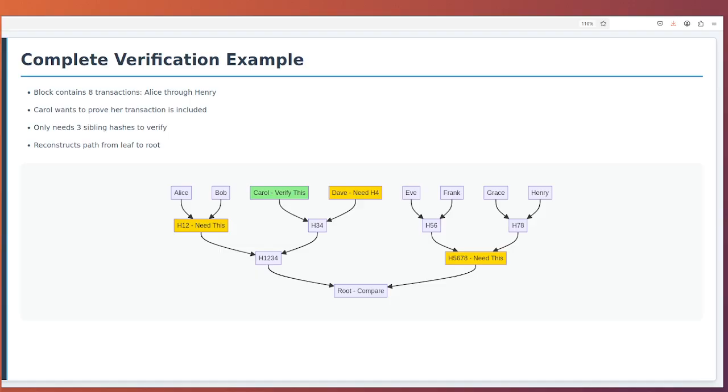She compares this root to the official Merkle root stored in the block header. They match perfectly, proving Carol's transaction is legitimately included in this block. The entire proof only required 3 sibling hashes, H4, H12, and H5678. She didn't need to download or process any other transactions.